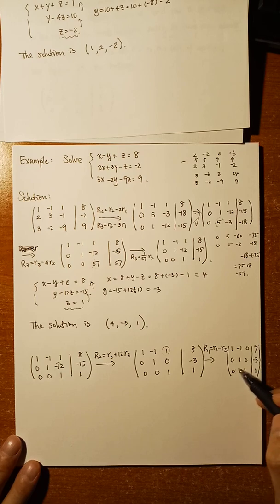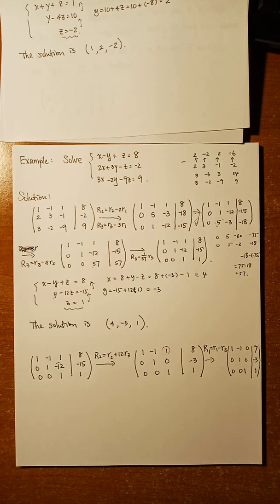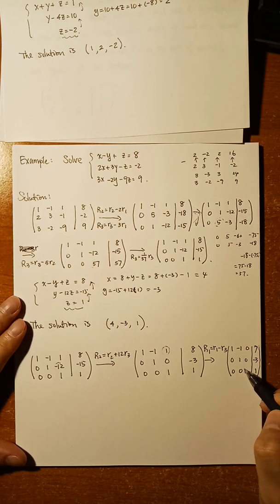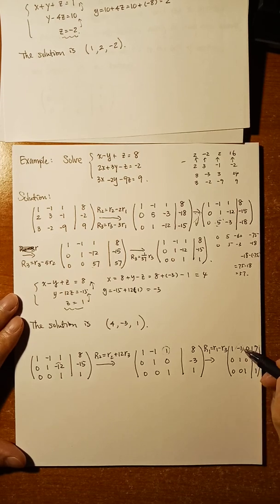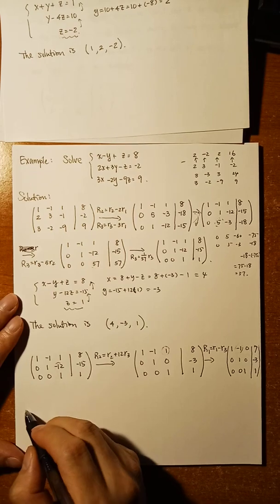Here, below the 1, all the entries are 0. Good. So this is not a condition in the row echelon form. It's just an additional step we do. Let's see what we will get. For this number 1, above it, all the entries are 0. But for this number 1, you still have a non-zero number. So how do I make this number 0? I will add the second row to the first row.